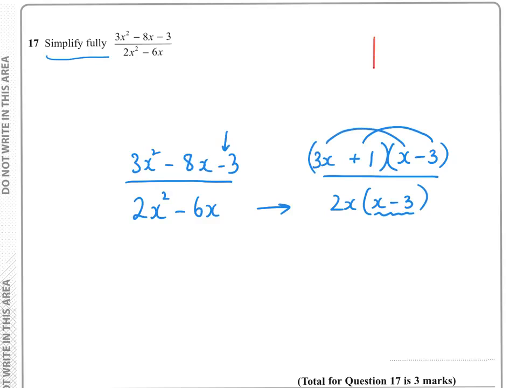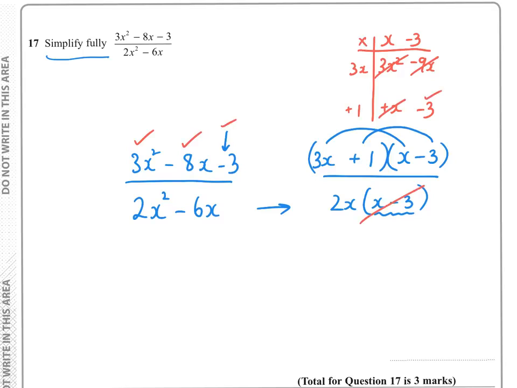And if we do a quick little grid here, if we put x minus 3 at the top and 3x plus 1 down the side, multiply it out, we have 3x squared minus 9x plus x is minus 8x minus 3.